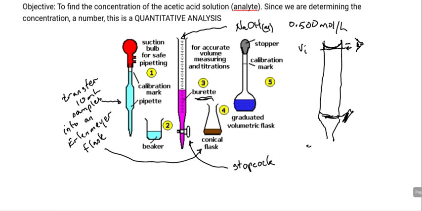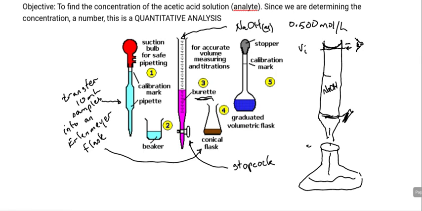That's the initial volume that you're starting with. You're going to have your analyte in that conical flask underneath, and we're going to allow some of the NaOH that's in here to flow out. We'll open up the spigot. Now we'll talk about how we can determine when the reaction stops in a little bit. By opening it up, some of this is going to pour into this solution of acetic acid, and obviously the height of the column, the amount of NaOH in there, is going to decrease.